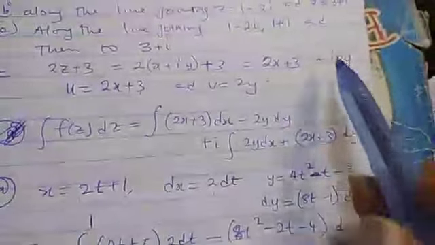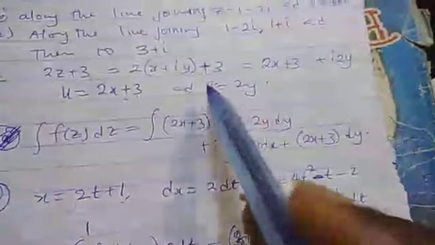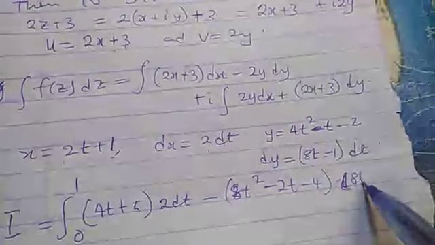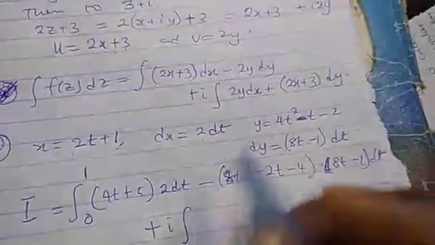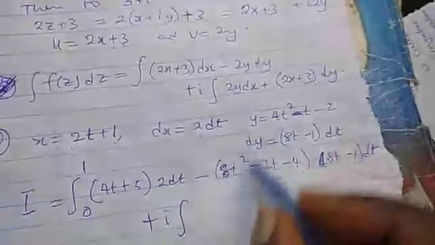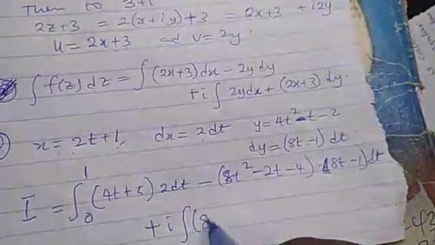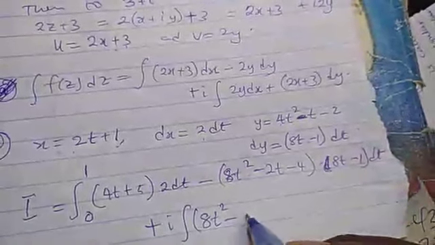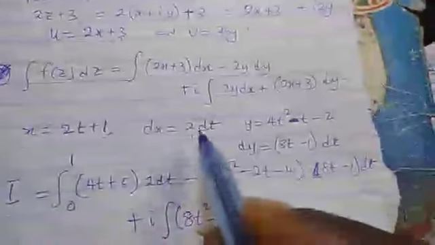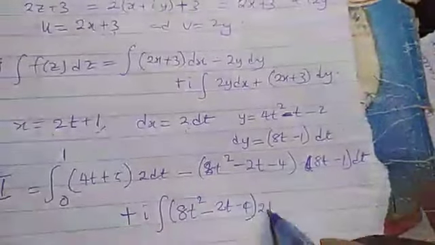Then dy, which is 8t minus 1 dt, plus i times 2y dx. Our 2y is 8t squared minus 2t minus 4. That is 2y dx. Our dx is 2 dt.